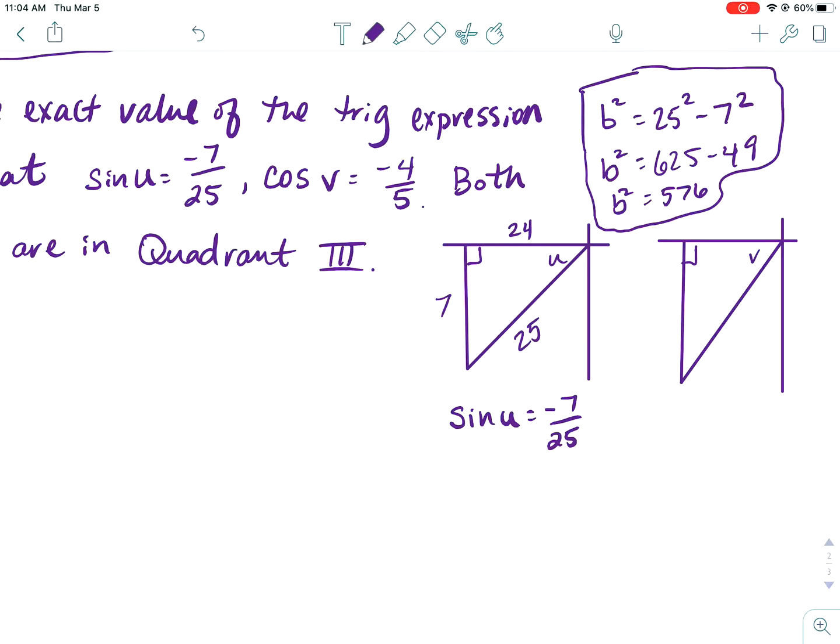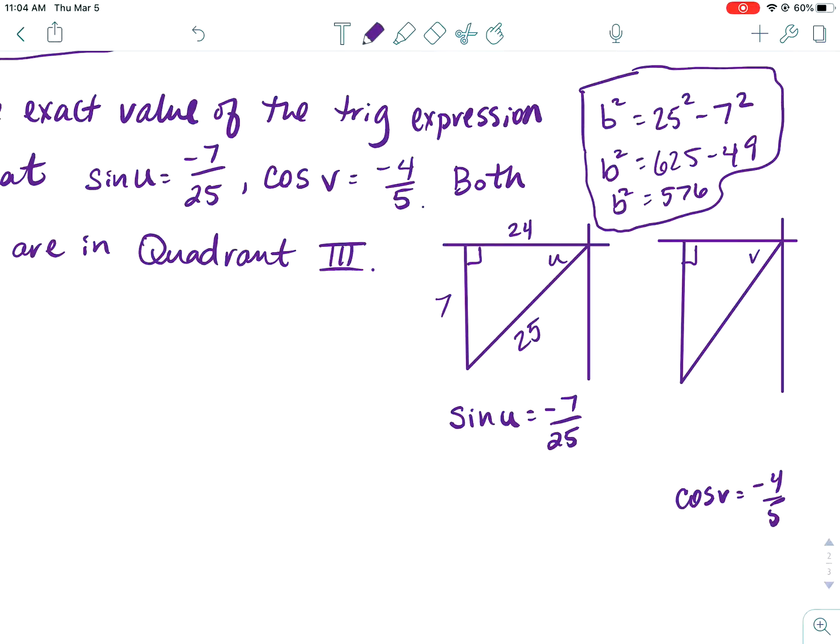All right, you guys label the second triangle. I know you know that Pythagorean triple. Oh, on v, we know that the cosine of v is -4/5.